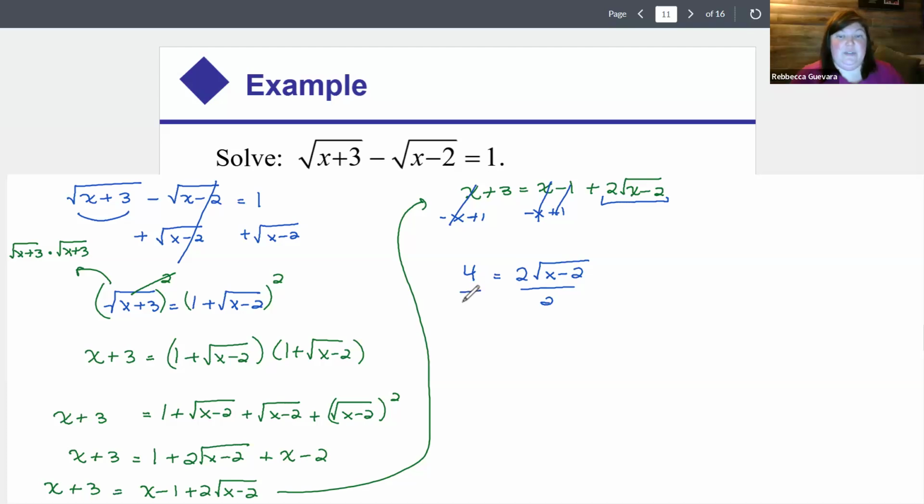Then if I divide by 2, I have 2 is equal to the square root of x minus 2. Now I isolated the radical, I can square both sides, and I'll have 4 is equal to x minus 2, meaning x is equal to 2.